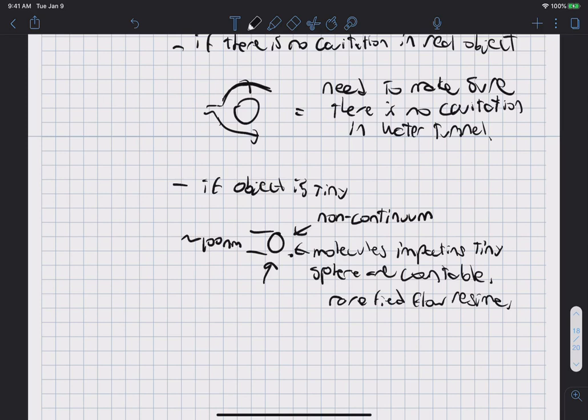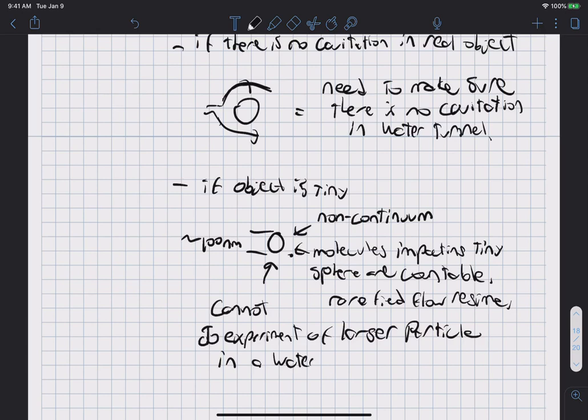So you can't do an experiment of a larger particle in a water tunnel, because you've completely changed the regime of flow.